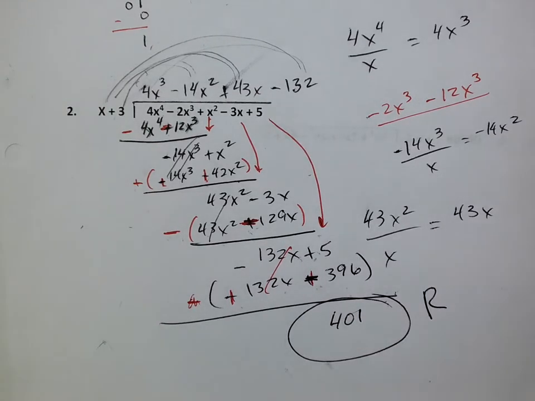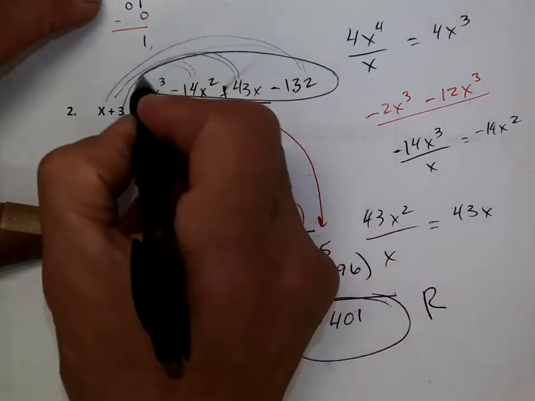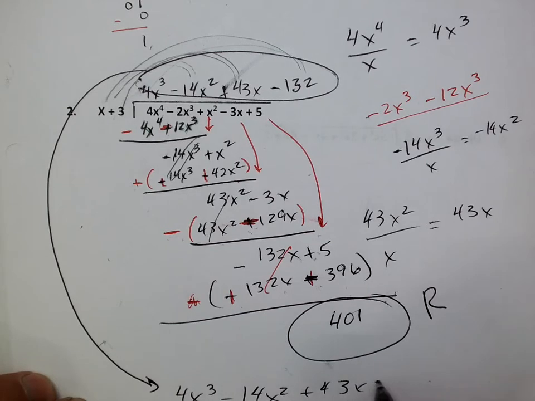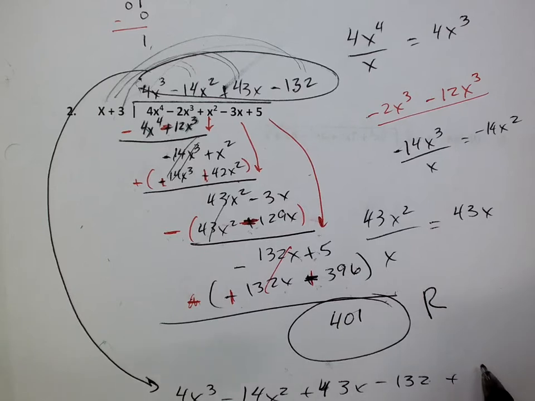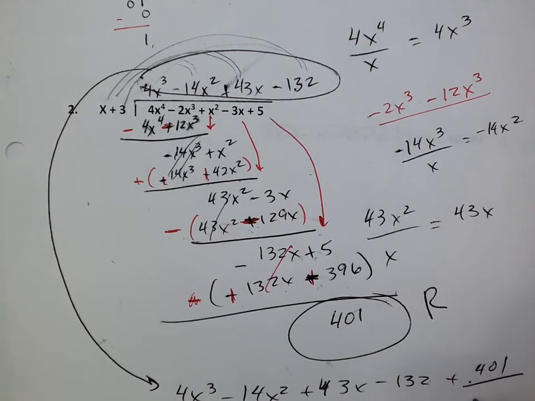So my answer is 4x cubed minus 14x squared plus 43x minus 132 plus a remainder. But we don't write it as a remainder. We put it as a fraction, 401 over what I divided by, which is x plus 3.